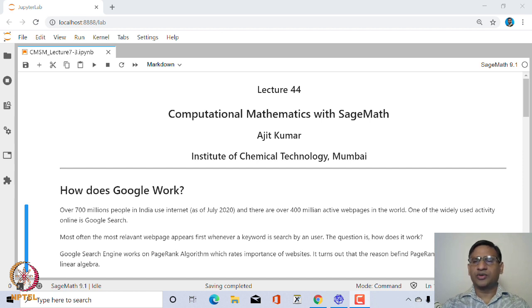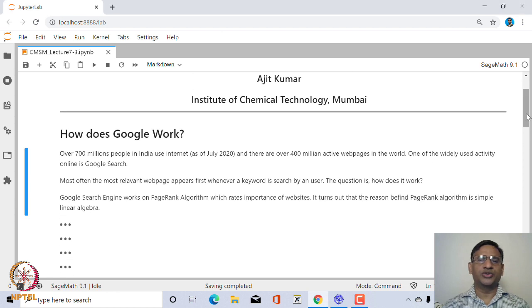If you look at the current internet users, for example, in India, over 700 million people use the internet as of July 2020, and there are about 400 million active web pages in the world.